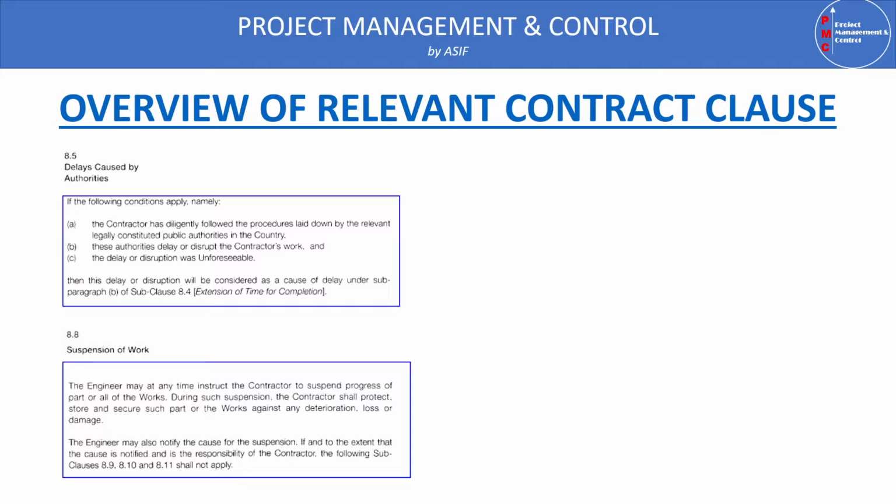So if we are getting delay because of any authority, we can claim under 8.4B. So we will claim 8.5 under the 8.4B clause.